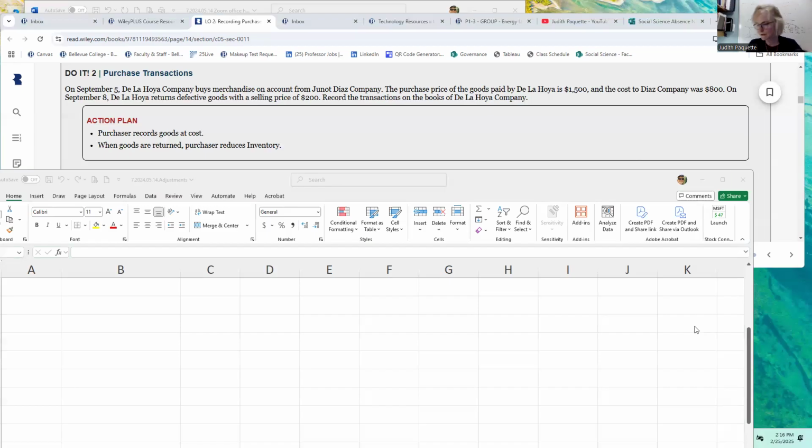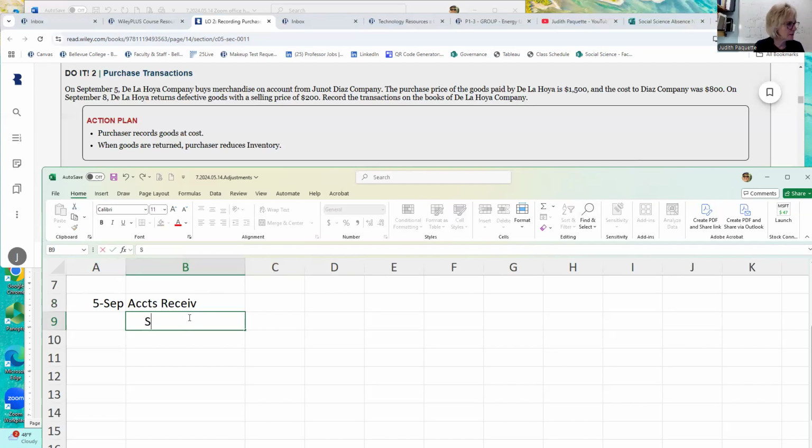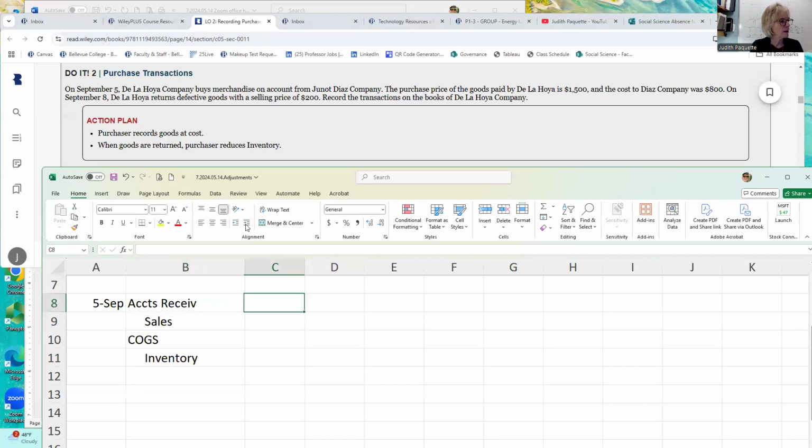So we are now doing Diaz's books. We'll do September 5th, and this is going to be the selling transaction. It's going to be accounts receivable, sales, cost of goods sold, and inventory.